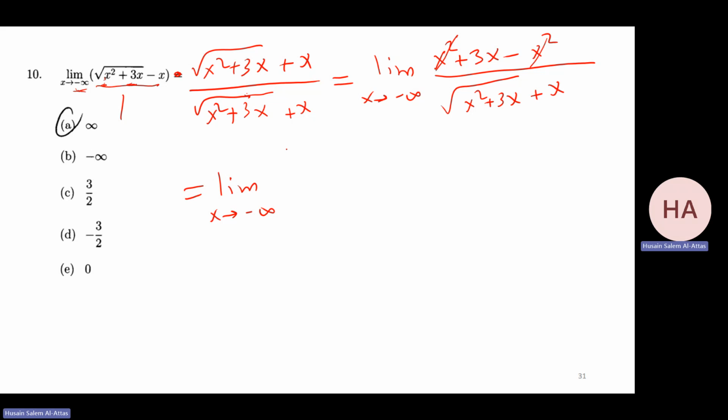That will be 3x over this. Can take x squared common factor. I have 1 plus 3 over x plus x.